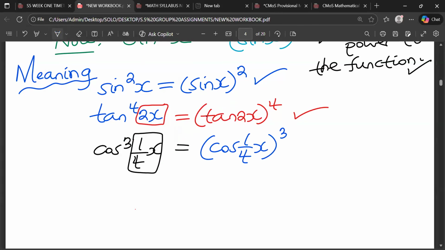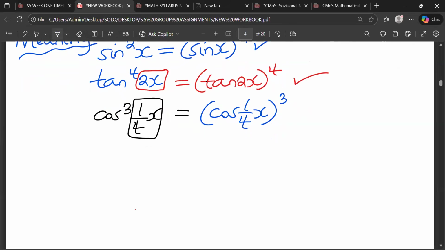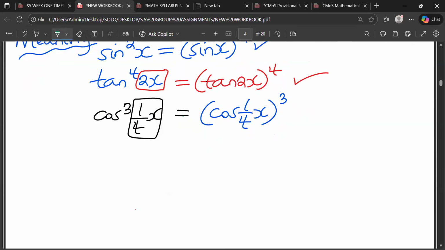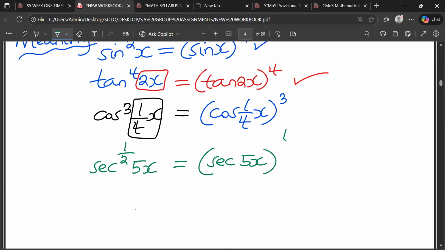People are getting it. It's not hard. Then lastly, if we are having sec to the power half, and maybe our angle is 5x, the function is sec 5x, and the power is half. And you all know power half is the same as square root.